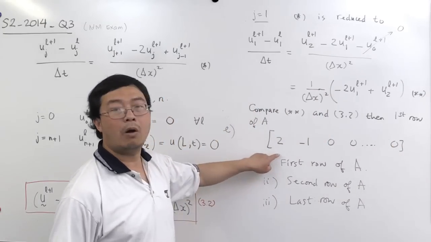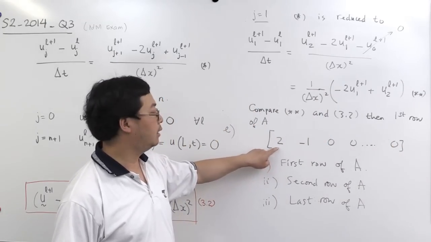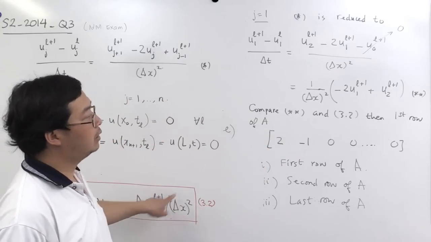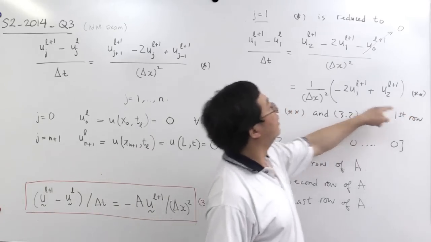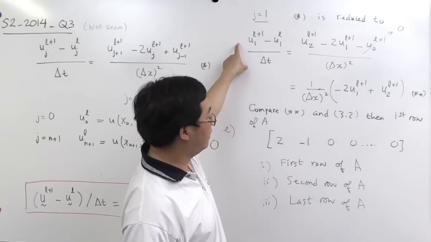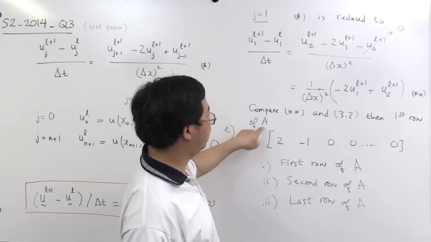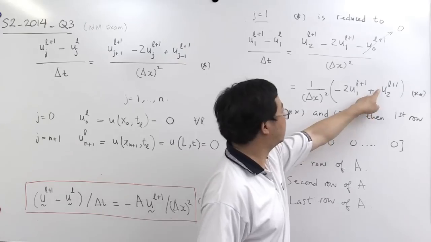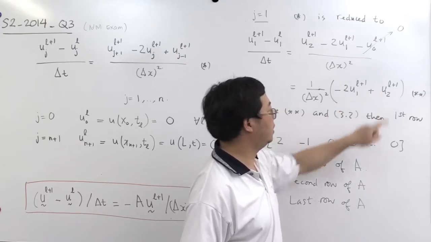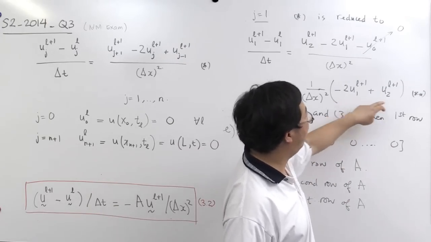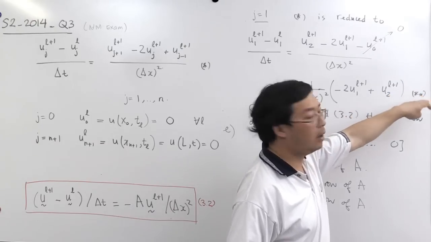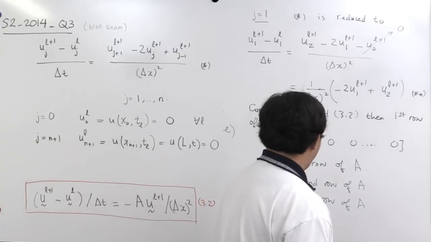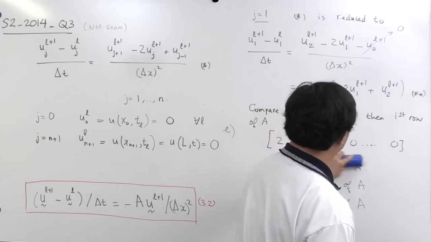Okay, so this is the first row of the matrix A. You compare 3.2 given by the question with double star, which is when you work it out explicitly, and you can see that the first row of A has 2 coming from here, minus 1 as the coefficient in front of u_2, and 0 because there's no u_3, u_4 up to u_n. Okay? And you can do the same for the second row and last row.